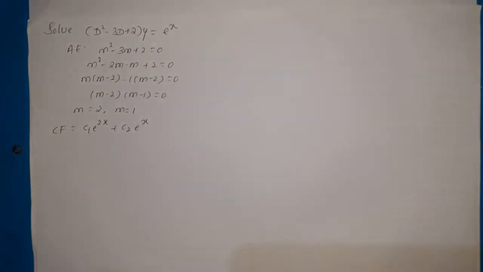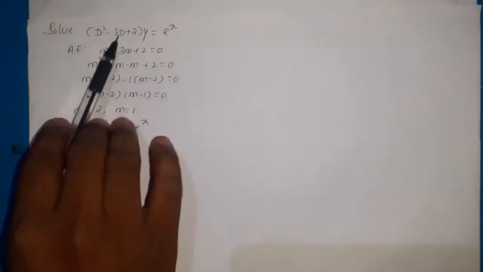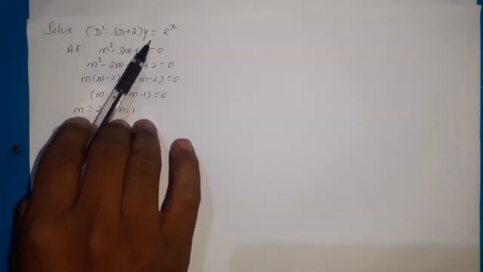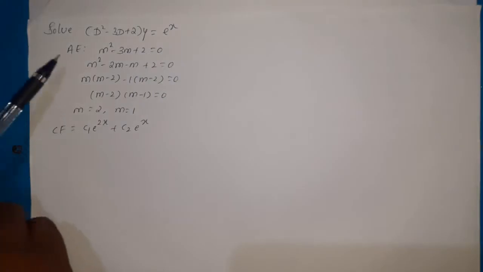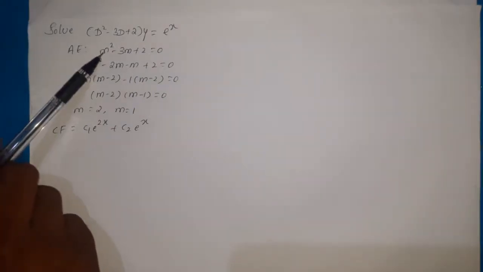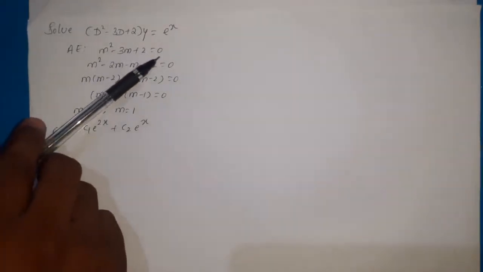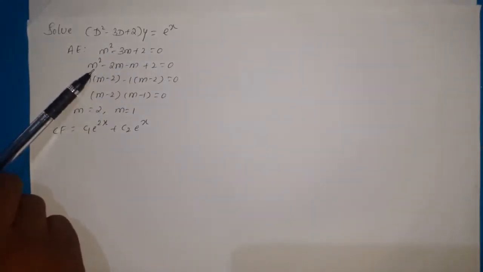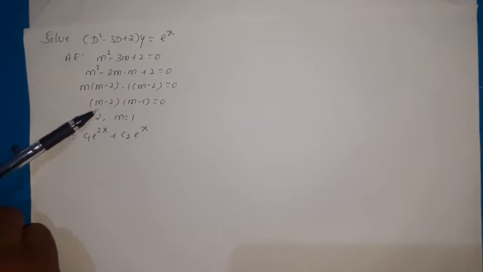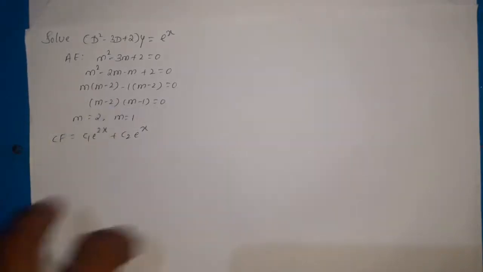Let us discuss the example. Solve D square minus 3D plus 2 into y is equal to e power x. Here the auxiliary equation is given by m square minus 3m plus 2 equal to 0. On factorizing this equation, we get the factors m minus 2 into m minus 1 equal to 0.